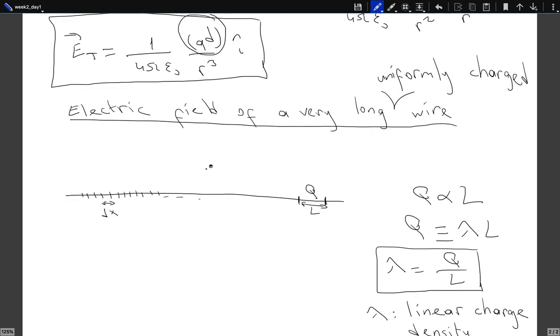Now, the electric field created by this dx at this point will be, first of all, along that line. Since the segment is very small, the charge it has will be just lambda, the charge density, multiplied by the length.